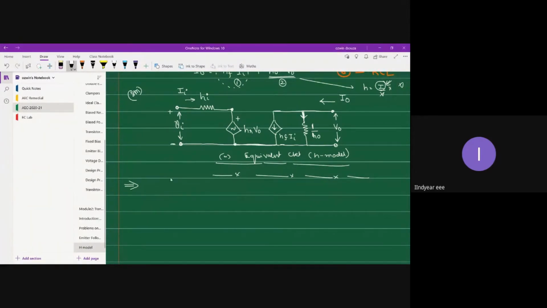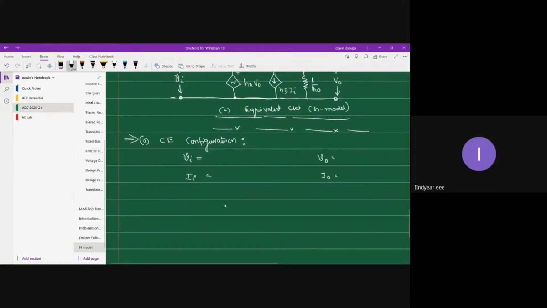I will extend this H model to common emitter configuration. So I will write it as CE configuration. Now, in case of CE configuration, all you have to do is note down what is VI and what is II, and what is V0 and what is I0. That's all you have to note down.